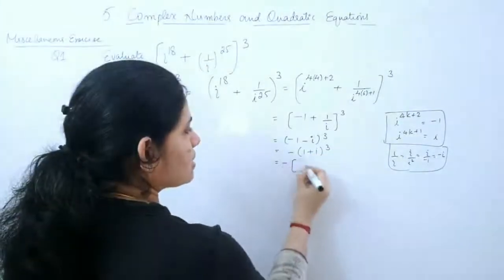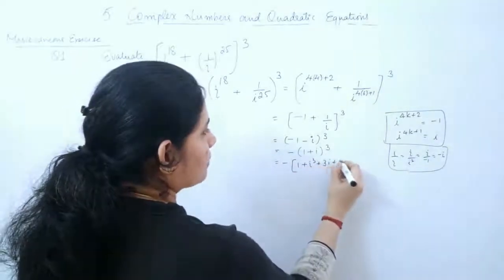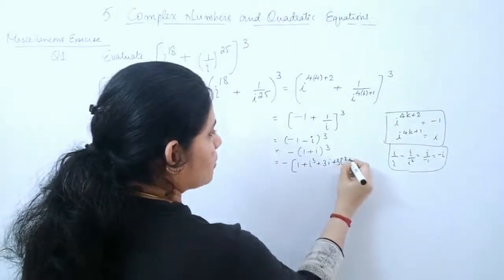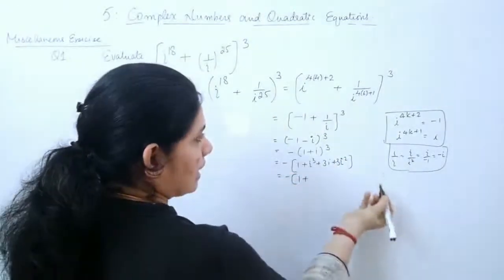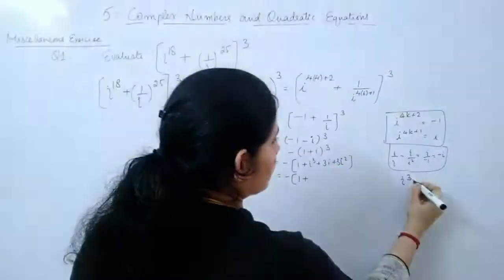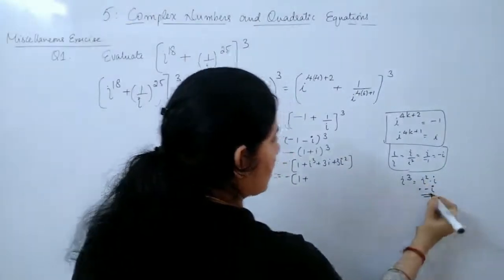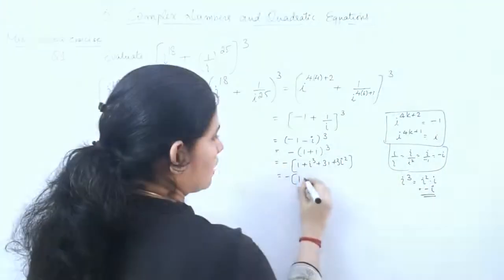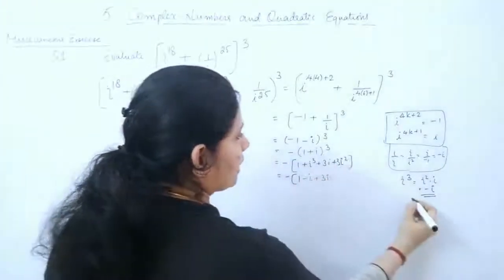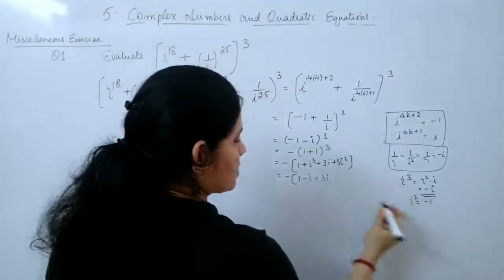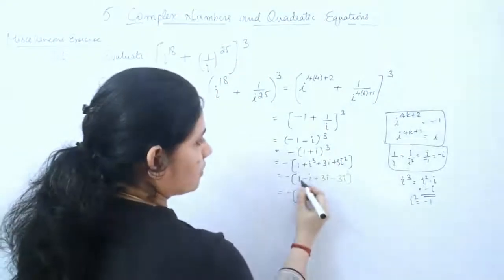Now expand it. This will give you 1 plus i cube plus 3i plus 3i square, that is negative of that. Again, what will be i cube? i cube will be i square into i. i square is minus 1, so you will get i cube is minus i. So here you will have minus i, then plus 3i, and i square is minus 1, so you will get minus 3i here.